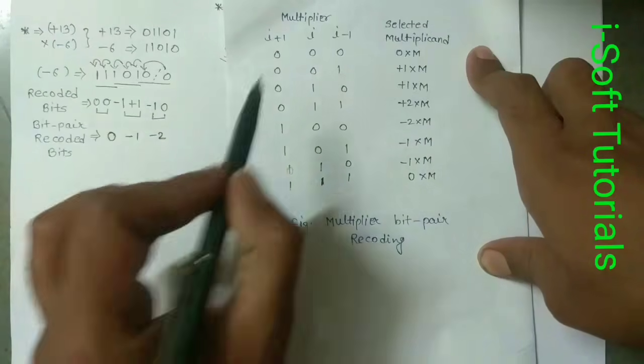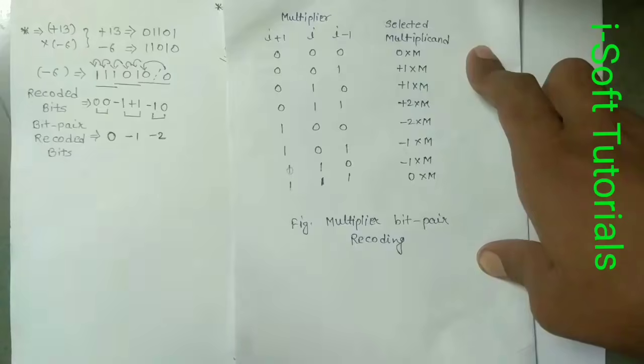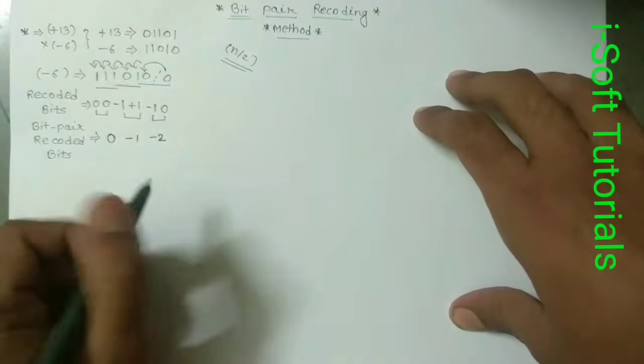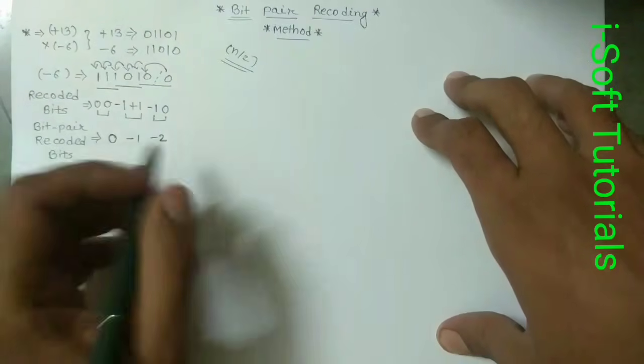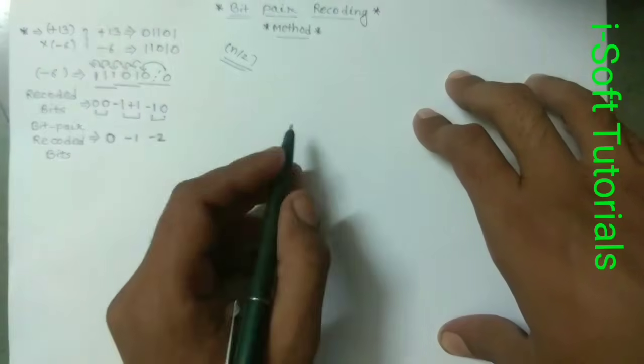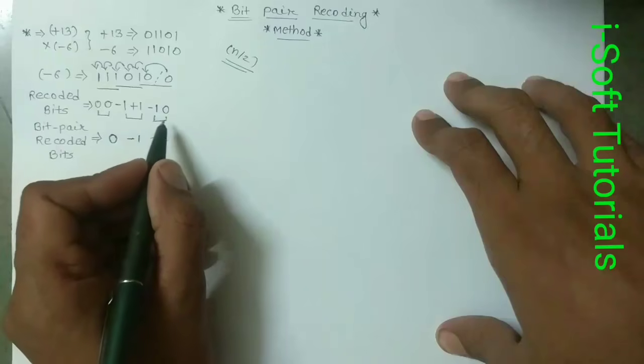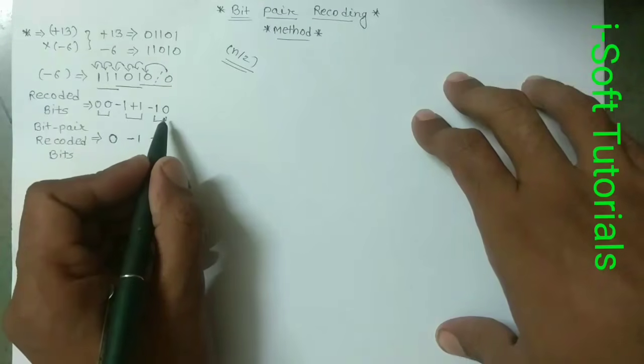So we have used this table for forming bit pair recoded bits. I will show you here another method for forming bit pair recoded bits. Instead of using the table, you can use this method. So here we got minus 1, 0 as recoded bit pair.